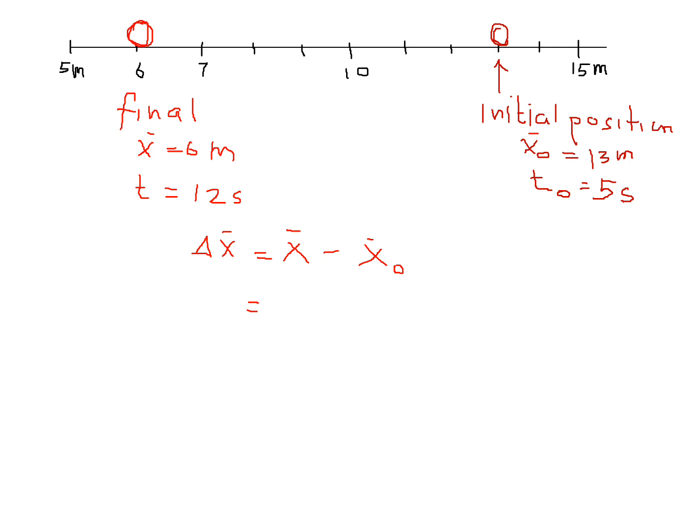So the initial position is 13 meters and the final position is 6. So this is your final, this is your initial.